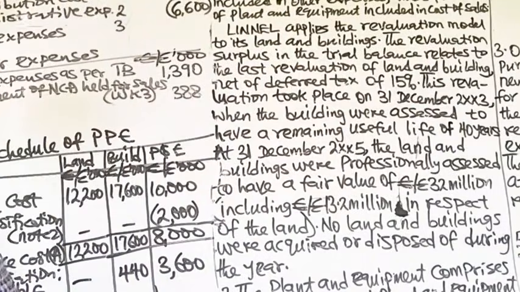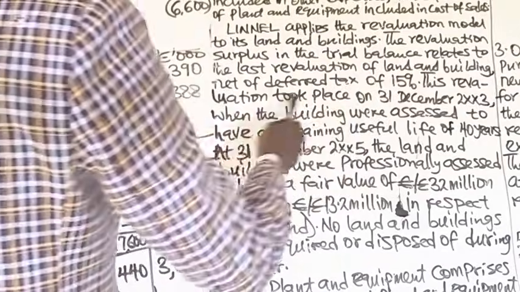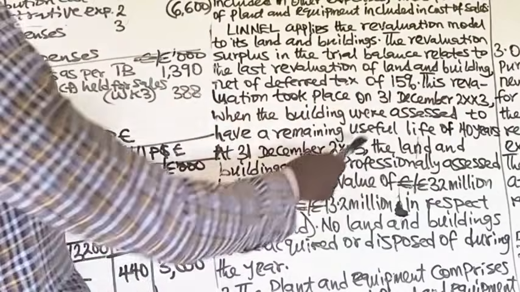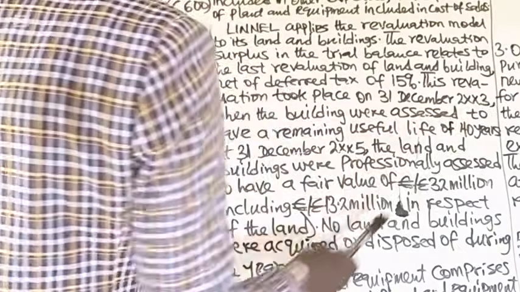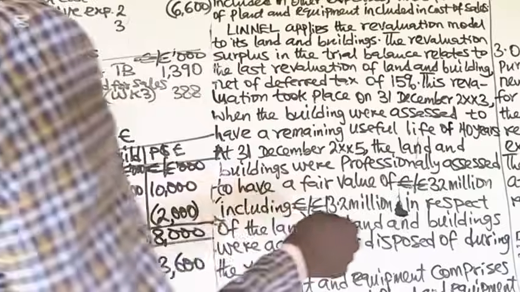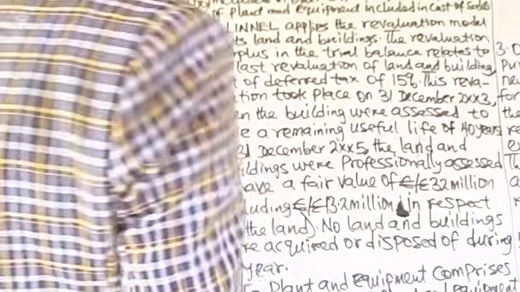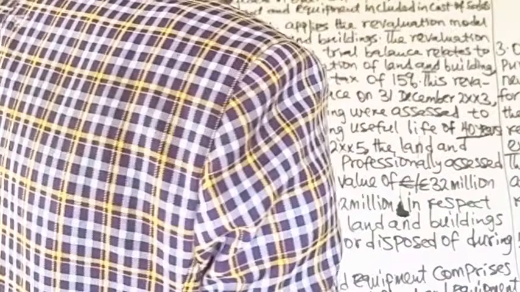The revaluation surplus in the trial balance relates to the last revaluation of land and buildings net of deferred tax of 15%. This revaluation took place on 31st of December 2003.